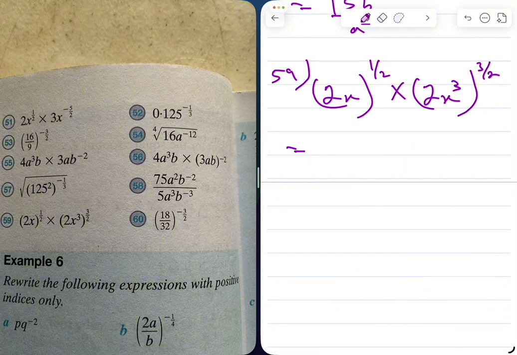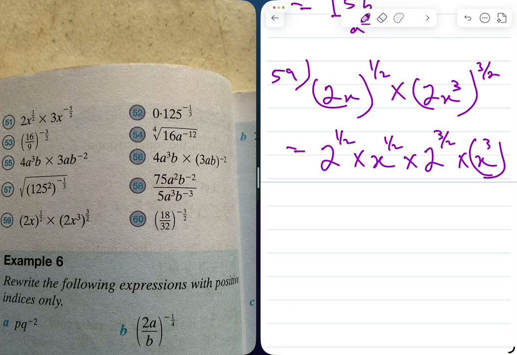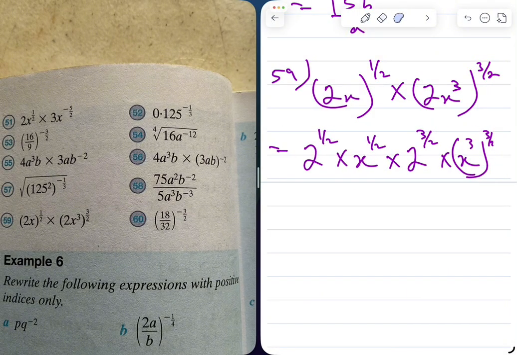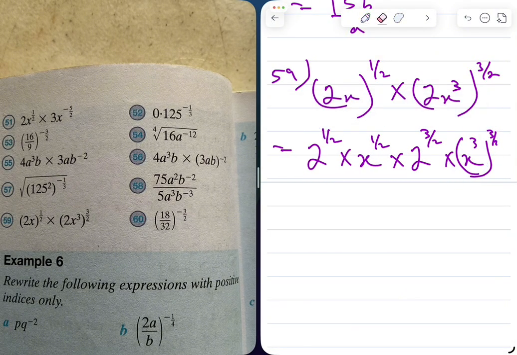That's equal to 2 raised to the power 1 over 2 times x raised to the power 1 over 2 times 2 raised to the power 3 over 2 times x cubed raised to the power 3 over 2. We have to make enough space for that so that it will be clear.